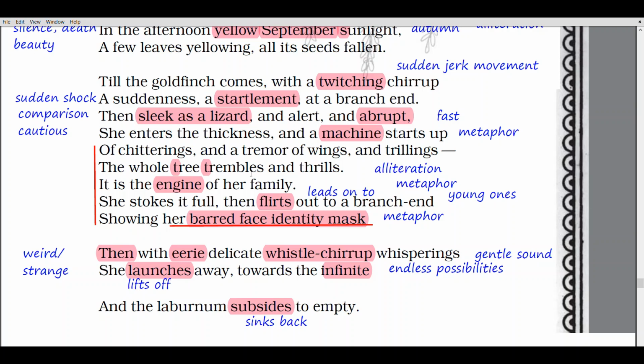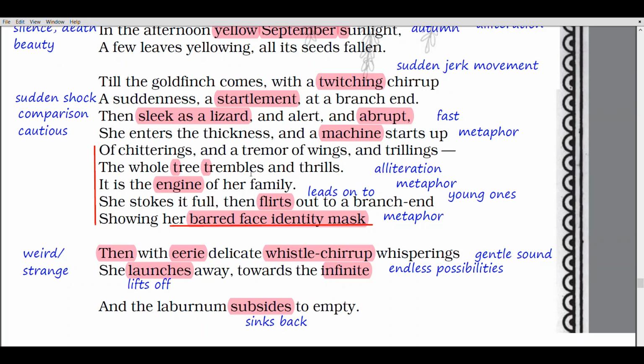Then abrupt is fast. The word abrupt means fast. Then here at the second last line in this stanza, flirts meaning leads on to. So I think all the other words you know.